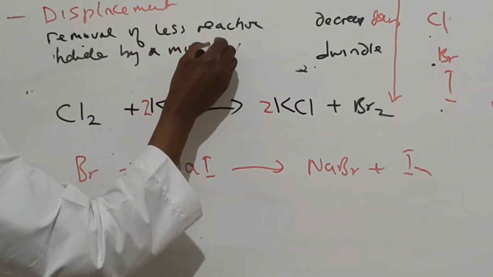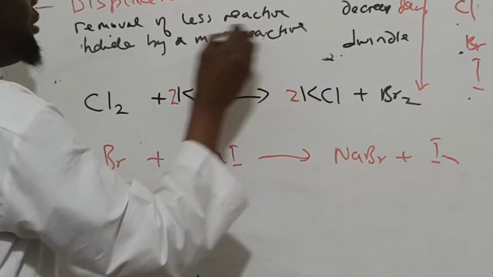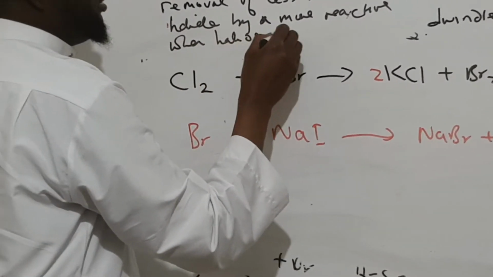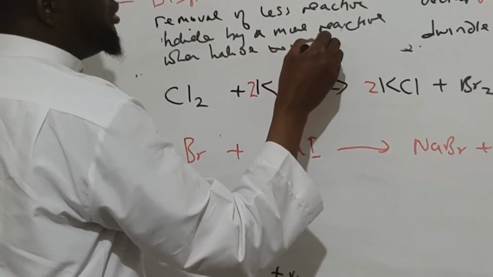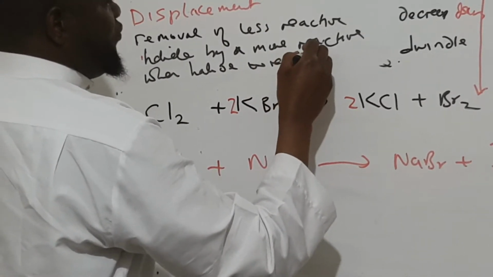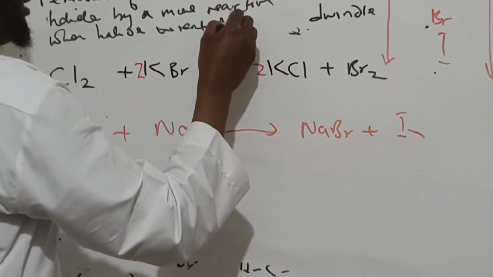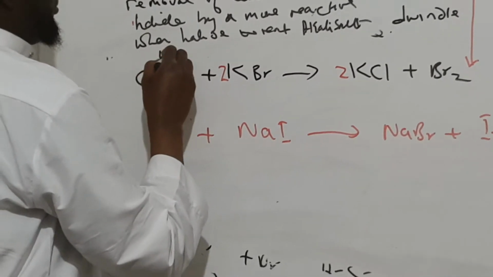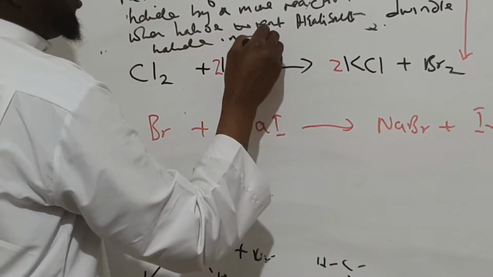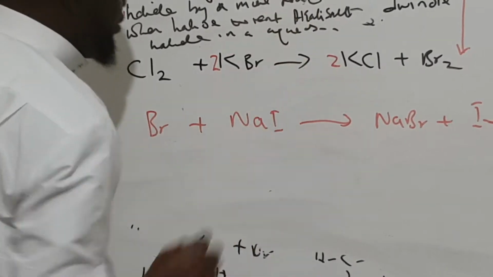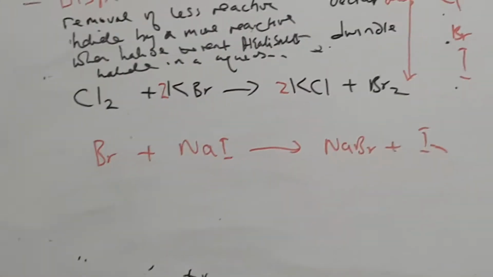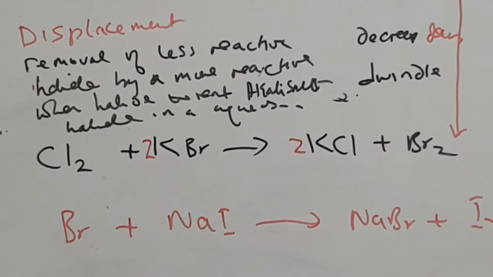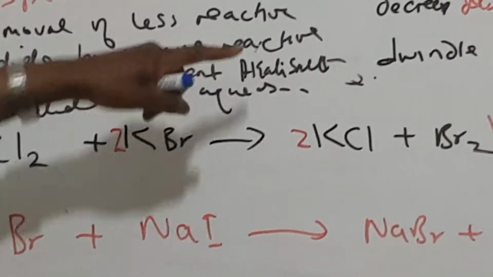When halogens react with an alkali salt of a halide in an aqueous solution, you know what aqueous means, okay? So basically, displacement means the removal, or kicking off, of a less active halide by a more active halogen.